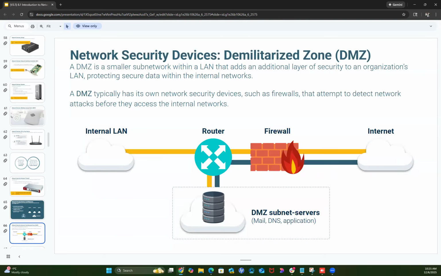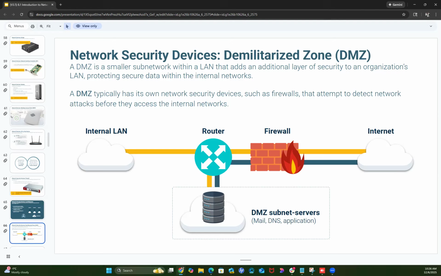What is the DMZ? Demilitarized zone. A DMZ is a small subnetwork, usually within a LAN. A DMZ adds an additional layer of security to an organization's LAN, protecting secure data within the internal network.